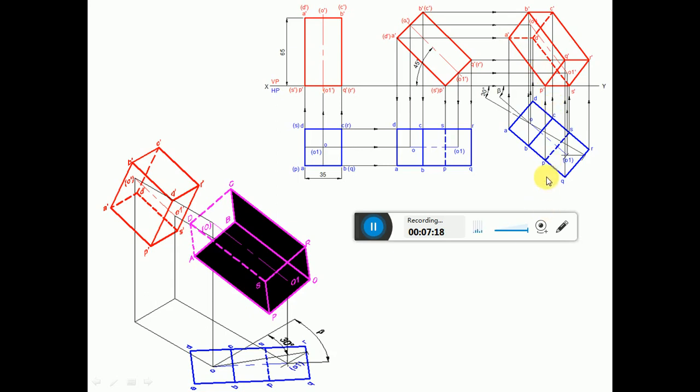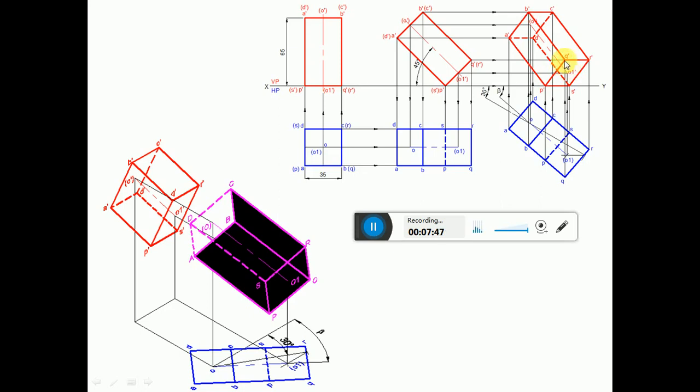When you look from the front view, PQRSP is the base which is near to the observer, so it is visible. So you dark between P dash to Q dash and Q dash to R dash. From Q dash there are 3 emanating edges, that is Q dash R dash, Q dash P dash and Q dash B dash.